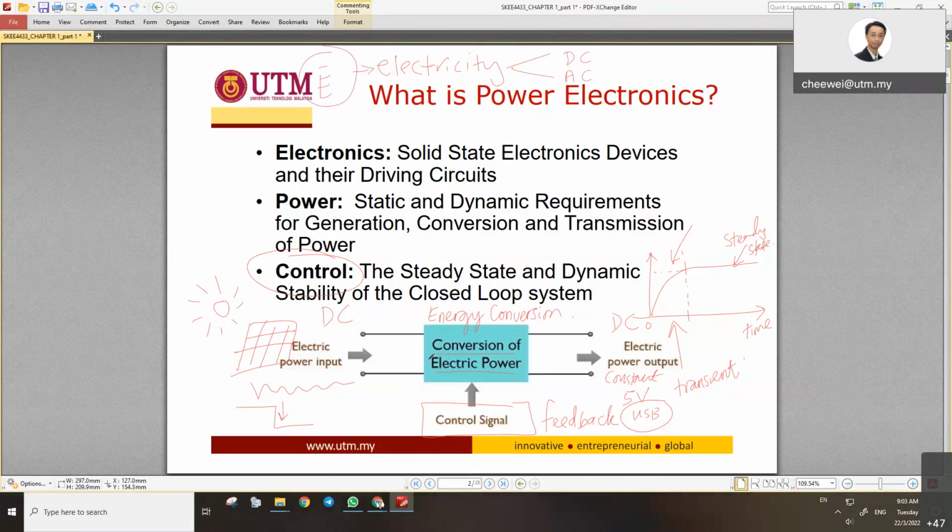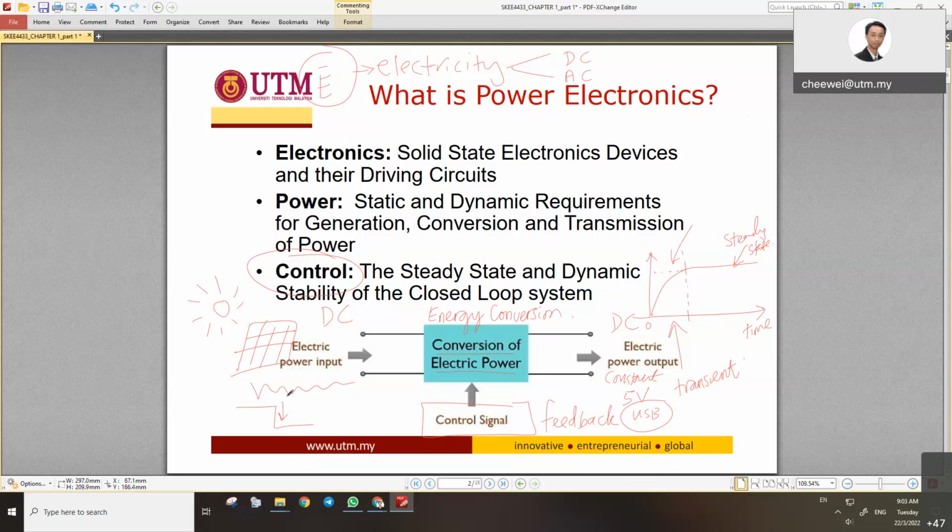Energy conversion. So I'm changing from DC to DC. Did I change anything? No. Input is DC, output is DC. So did I change anything? No. But did I do energy conversion? Yes. The form of energy is still the same, but energy conversion happens. Why?